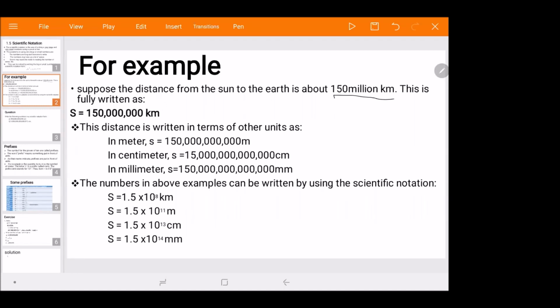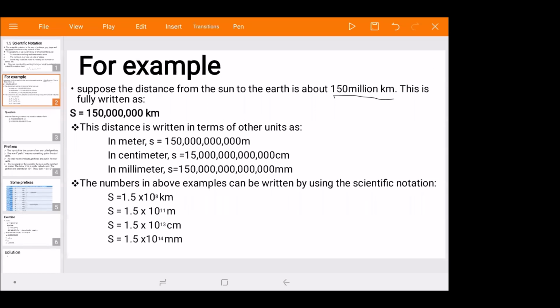So to avoid this mistake, and to write in short form, you must use scientific notation. So the number in the above example can be written using scientific notation. For example, have you seen 1.5 times 10 to the power of 8 kilometers?